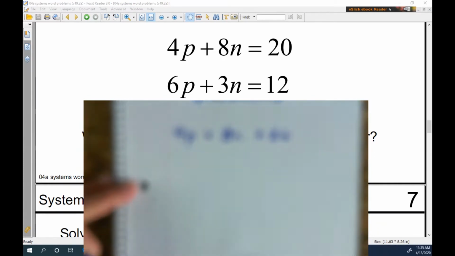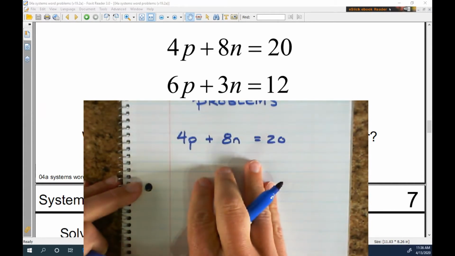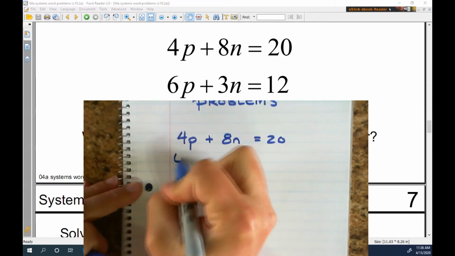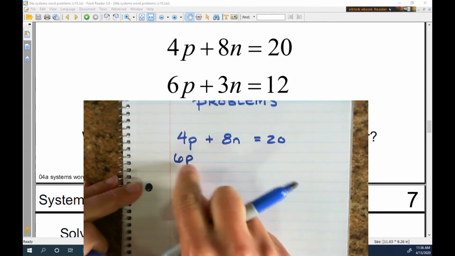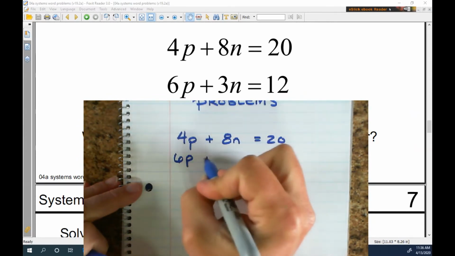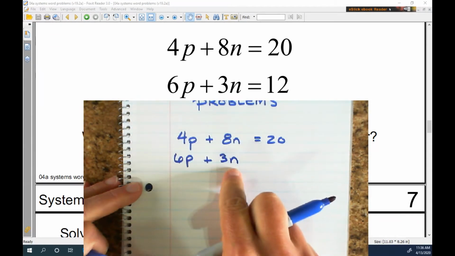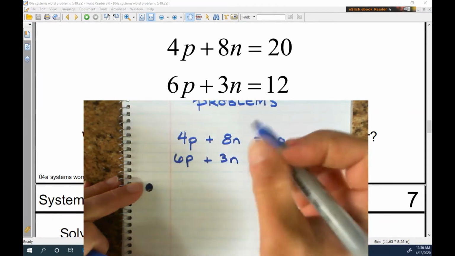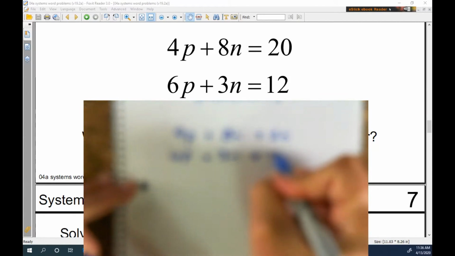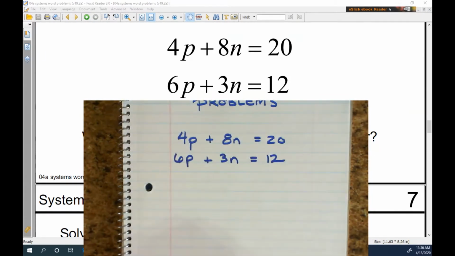The second time I go, I buy 6 pencils times the price of the pencils, plus 3 notebooks times the price of the notebooks, and that equals $12. So that is the system of equations.